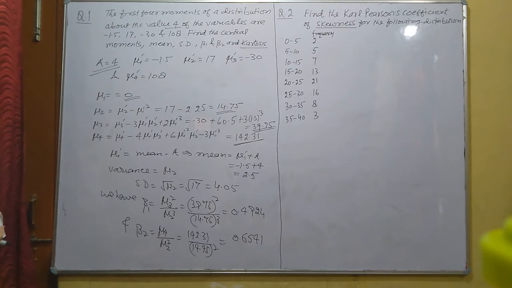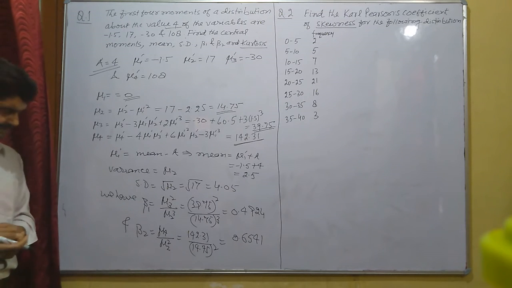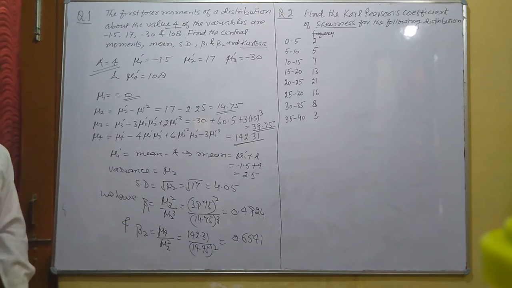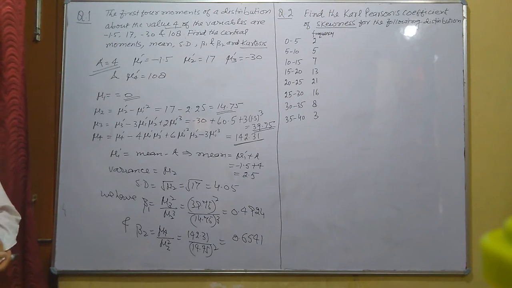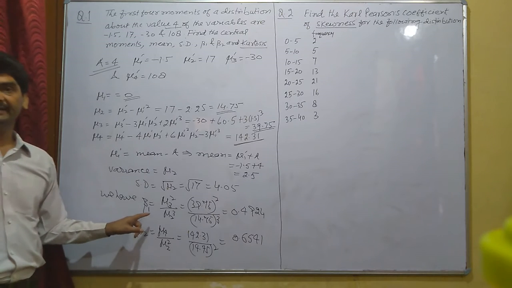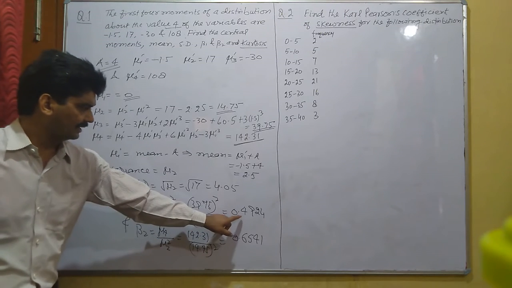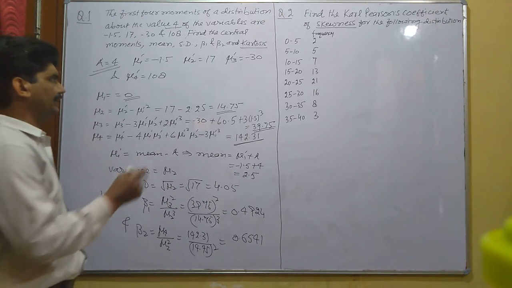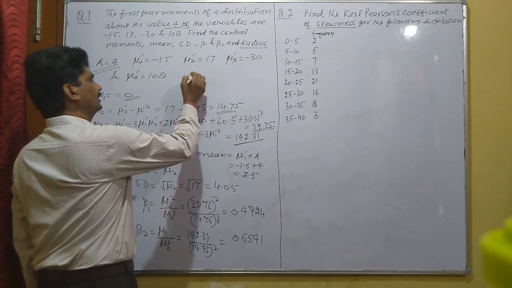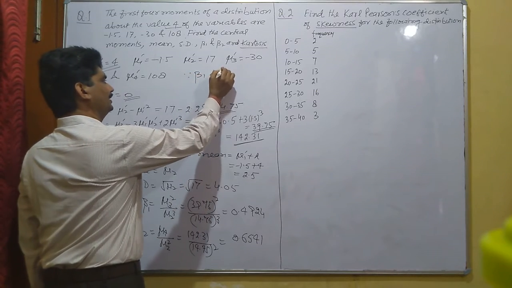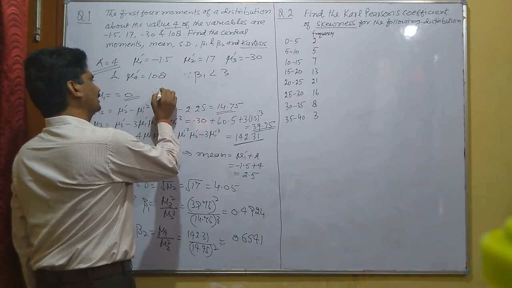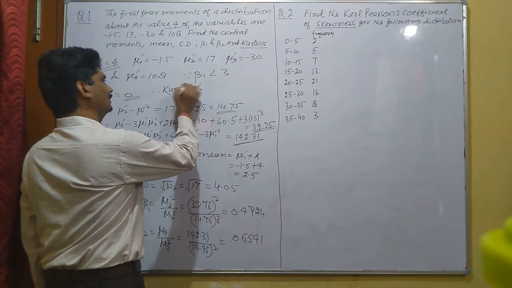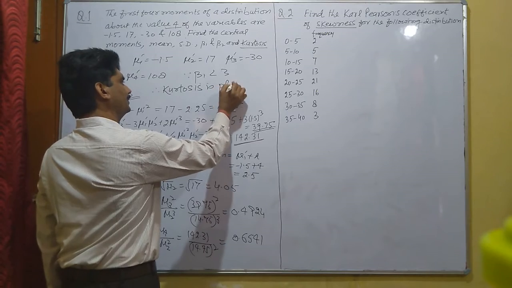Now kurtosis. About kurtosis, we have discussed that beta is the measure of kurtosis. Beta here is 0.4924, so it is clear that since it is less than 3, the kurtosis is platykurtic.